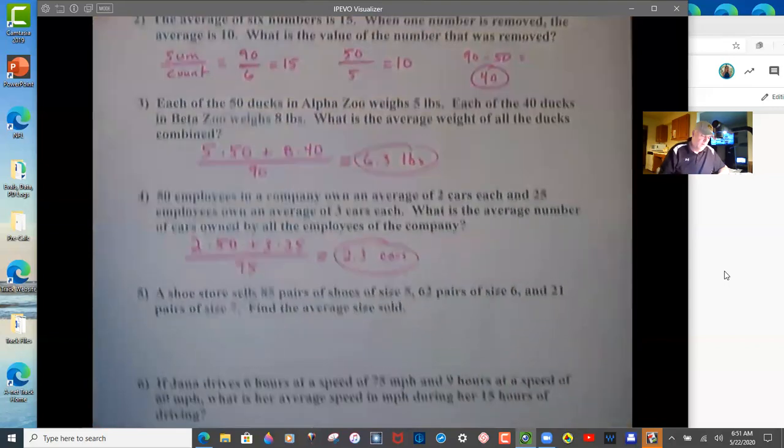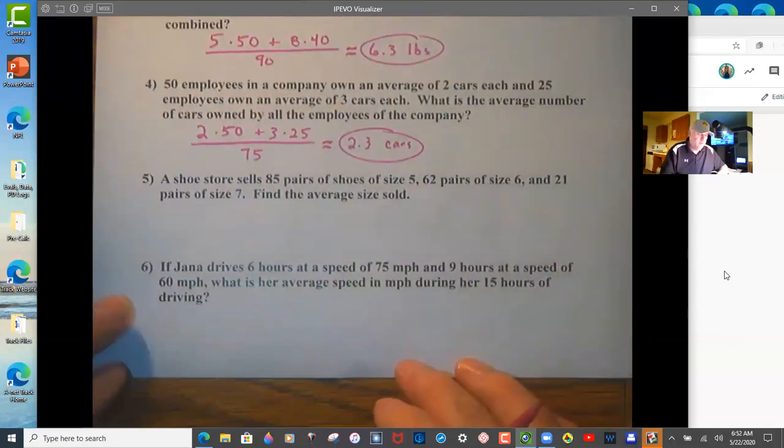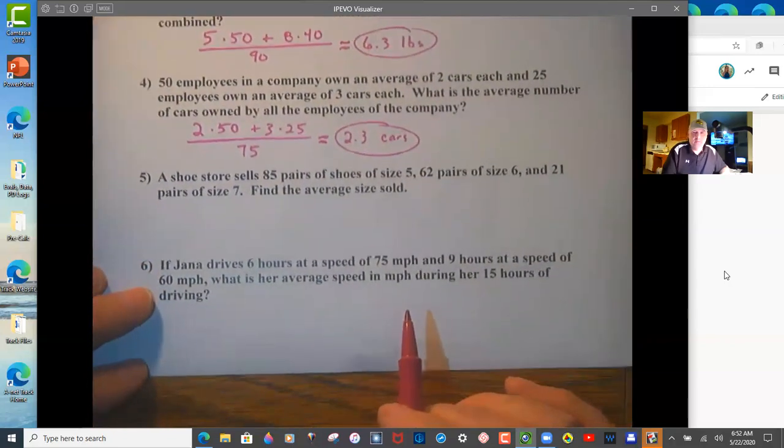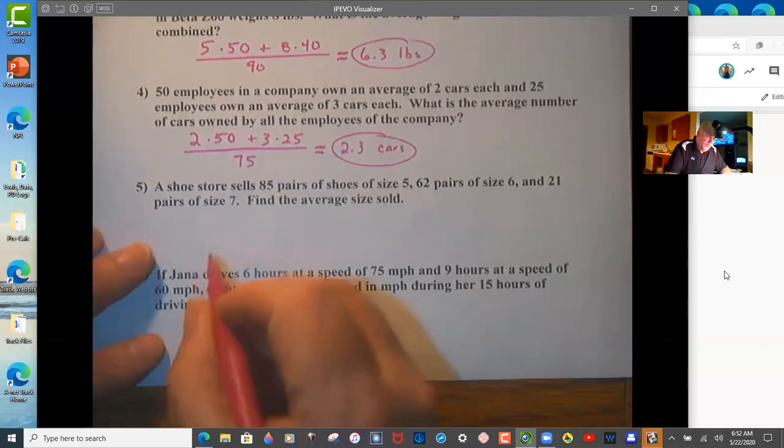Number 5, a shoe store sells 85 pairs of shoes of size 5. So again, the frequency happens with the sizes.